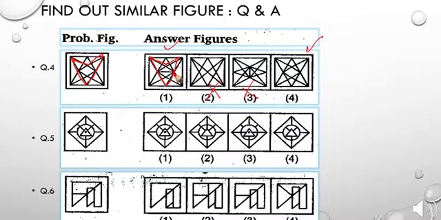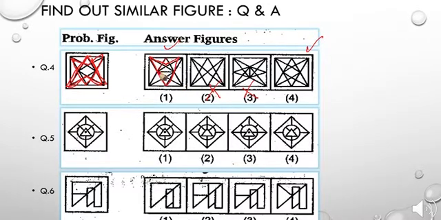Now we need to check further. We can see there's another star, I'm talking about this star. Let's check this star here. In option 1 it is there.